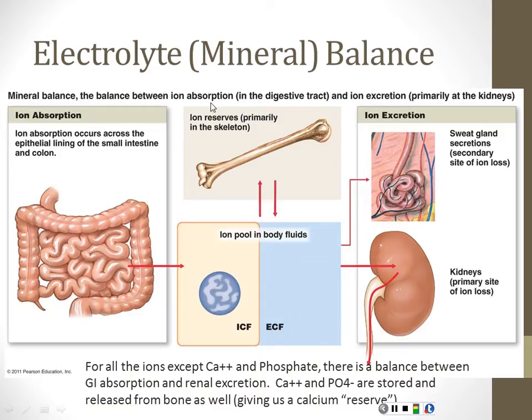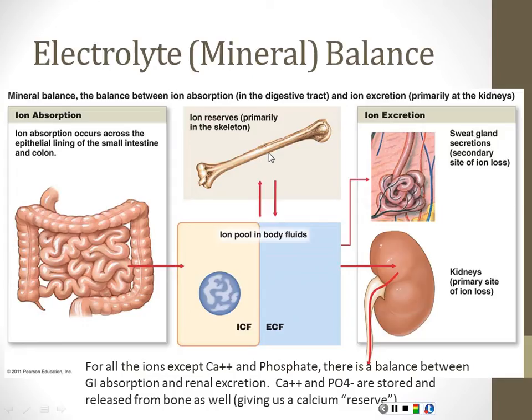Now we also have mineral storage, which we don't really have for fluid. We are not like the desert animals, like the camel, that has a way to store water outside of the regular circulation. But we do have a way to store minerals outside of their regular use, and that's in the bones.